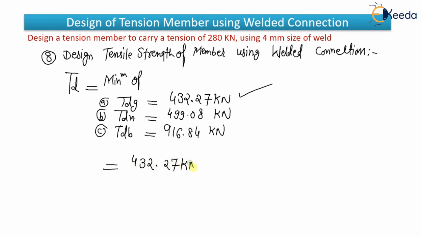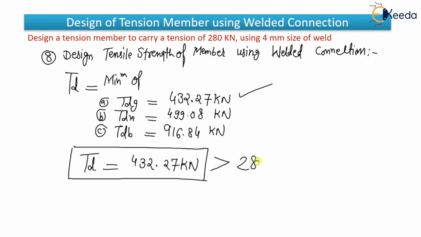So that is my final strength. Is it greater than the given load? Yes, it is greater than 280 kilonewton, that is my PU. Therefore safe. So in this way you can design a tension member by using the welded connection. This was the video on design of tension member using welded connection. Thank you.